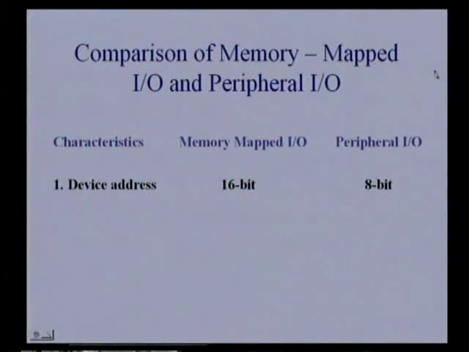Let us see the differences between memory mapped IO and peripheral mapped IO. This is the comparison of memory mapped IO and peripheral IO. First we see the characteristic on which we compare. The first, here we are comparing based on the device address used. In memory mapped IO, a 16-bit address is used for identifying the IO device. If the processor is designed with peripheral IO, then only an 8-bit address is used for identifying the IO device.